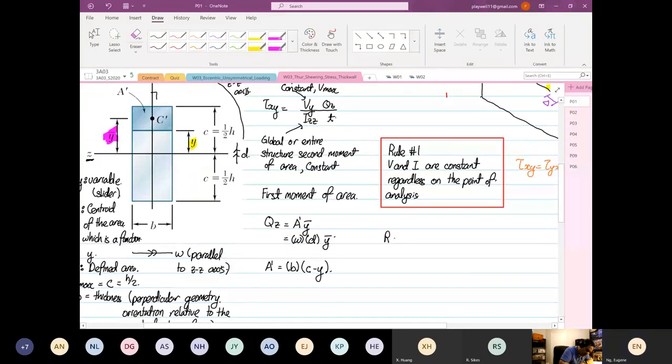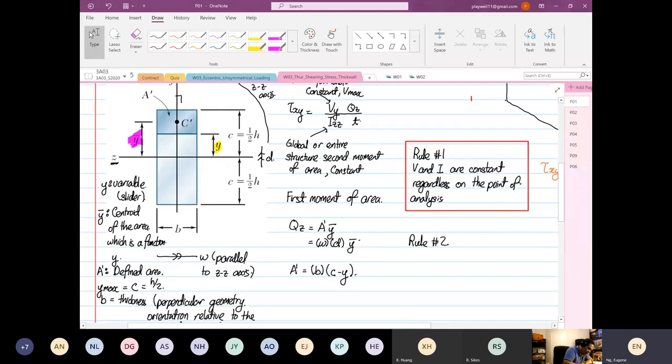The Y, I'm going to draw the direction of the Y. This is the direction. This is a slider. The Y will start from the datum and move outwards.